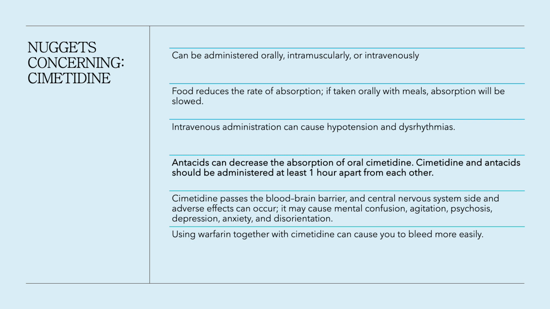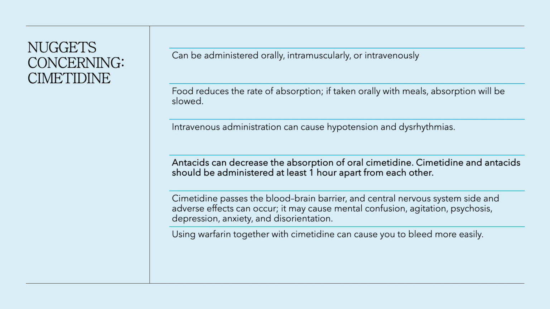Warfarin is an anticoagulant, right? So if they're on the anticoagulant warfarin and they're on cimetidine, it can put you at risk to bleed more easily. So it says that cimetidine and warfarin given together can have an increased anticoagulant effect, which puts you at a risk for bleeding even more.